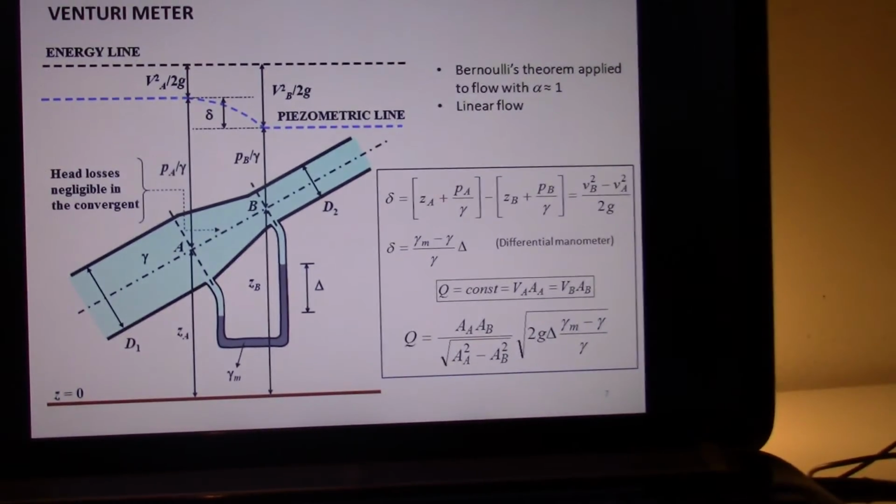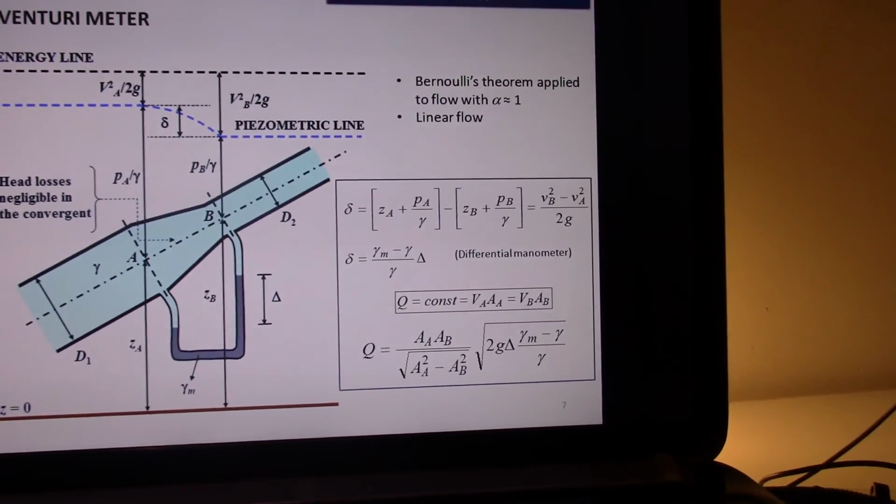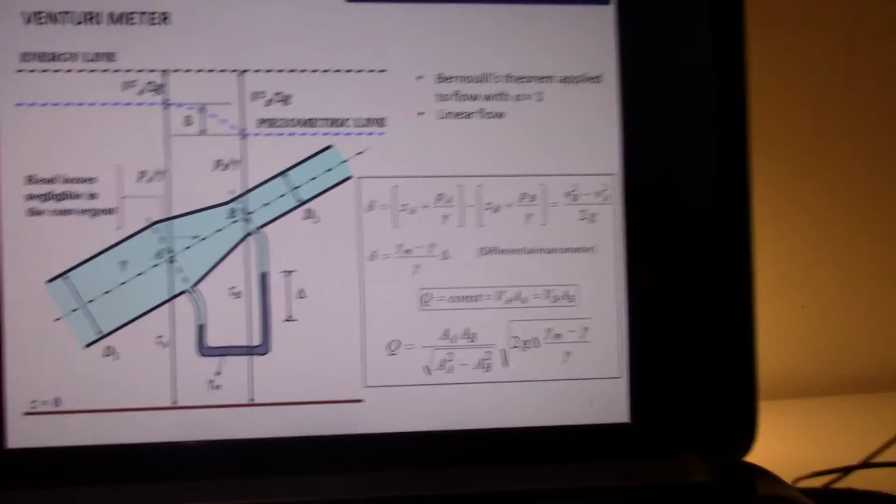Alright, so here you find exactly the formulas that we have just seen.